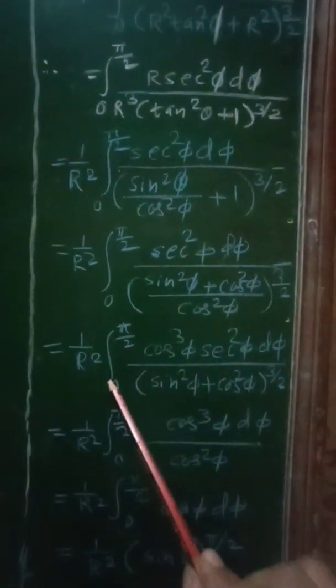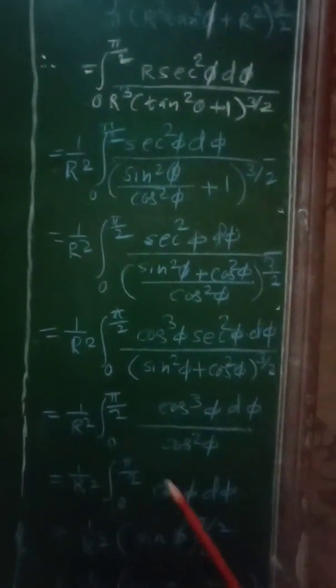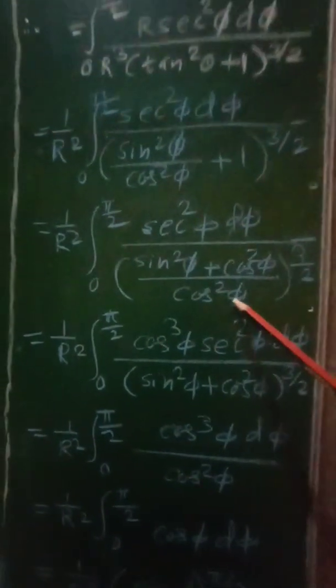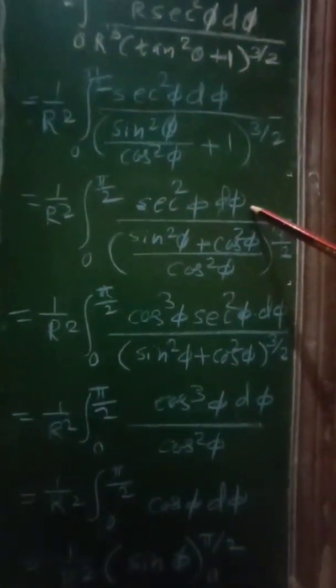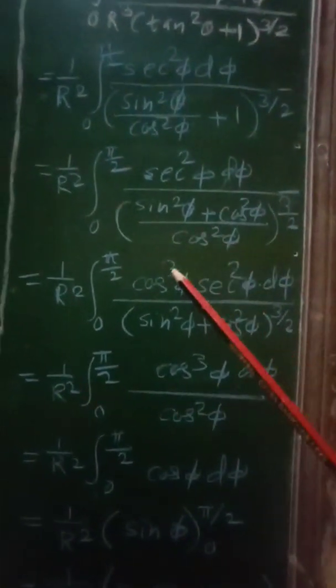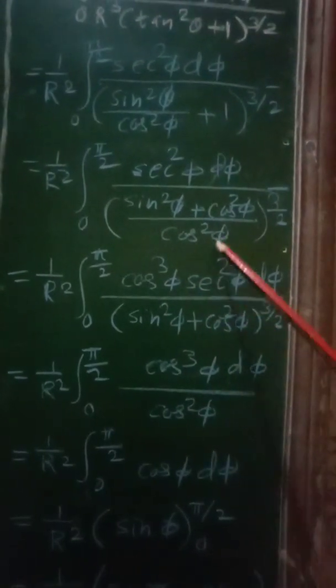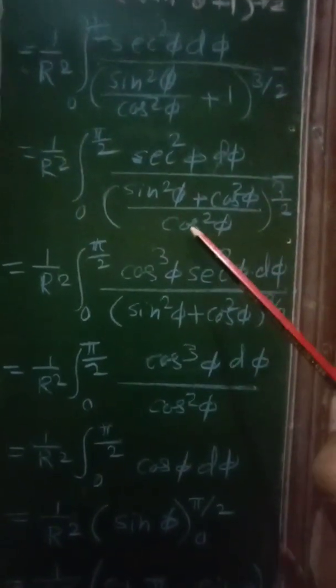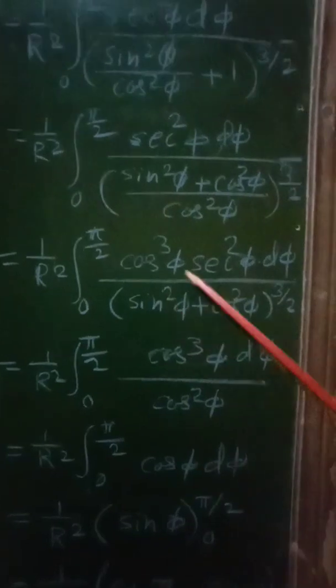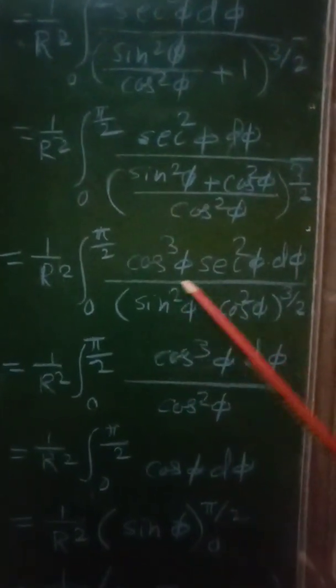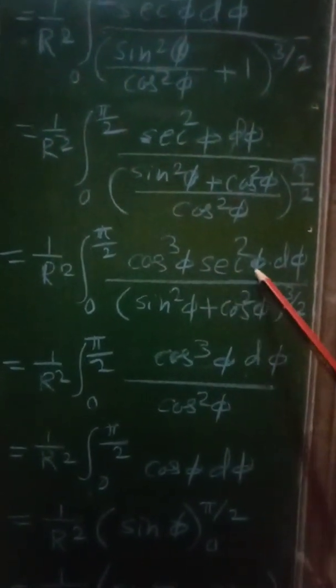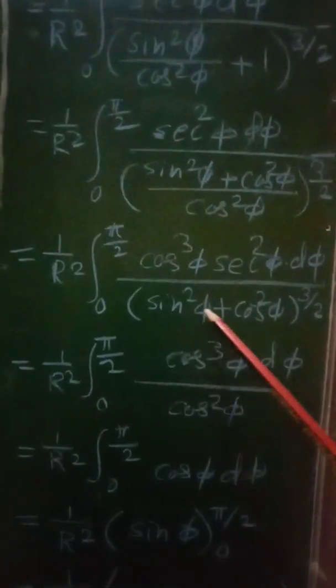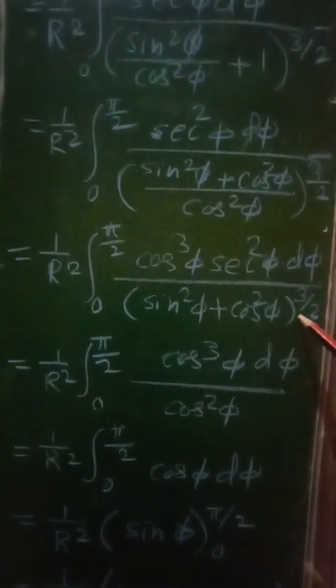Then this cos² phi raised to 3 by 2 will be shifted to the numerator, so it will be cos³ phi, into sec² phi d phi upon (sin² phi + cos² phi) raised to 3 by 2.